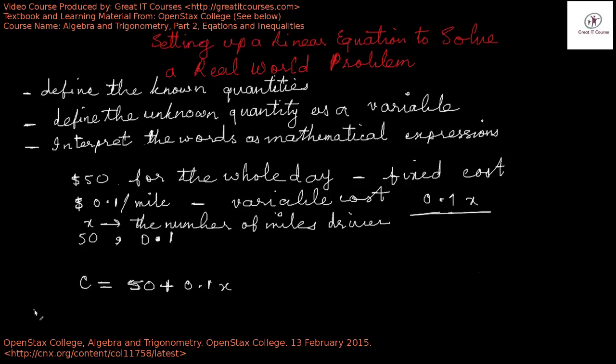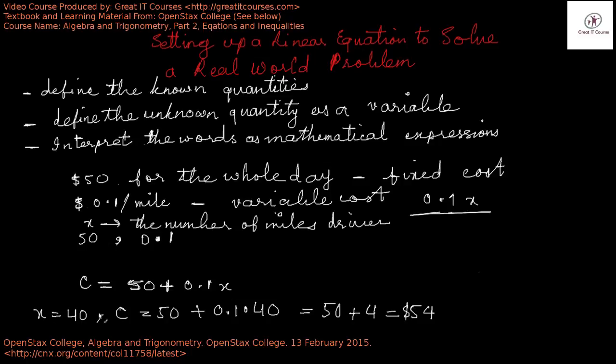If x is equal to 40 here, then your C is going to be 50 plus 0.1 into 40, which is equal to 50 plus 40 into 0.1 is 4. So your total cost is going to be $54.